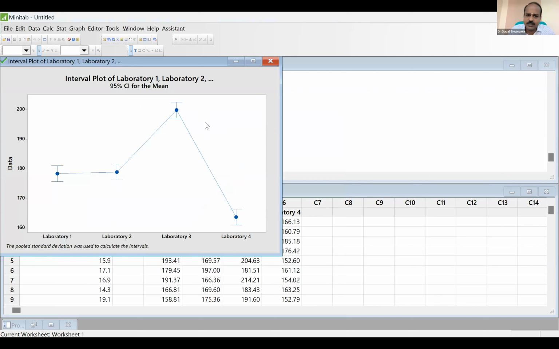Can somebody tell me what this interval is? It is the 95% confidence interval. The blue dot is the average turnaround time for laboratory 1, and the same for laboratory 2, laboratory 3, laboratory 4. The horizontal line at the top of the I is the upper confidence limit, and this line is the lower confidence limit.